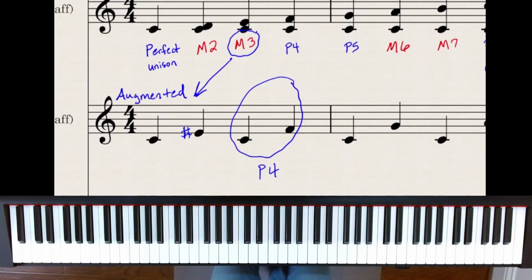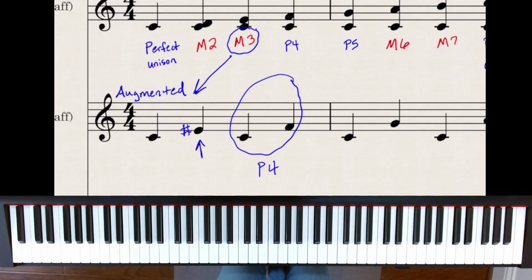So anytime you're dealing with these augmented intervals, you always want to stick to the letter name. Okay? So in this case, you want to stick to E sharp. So C to E sharp is an augmented third.